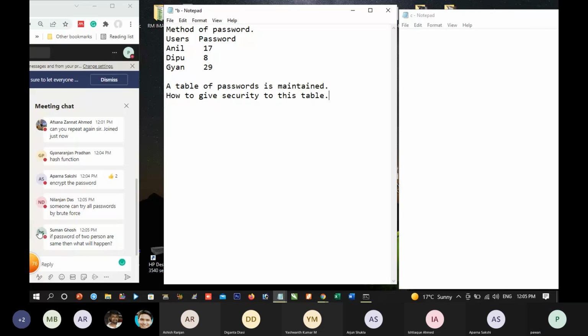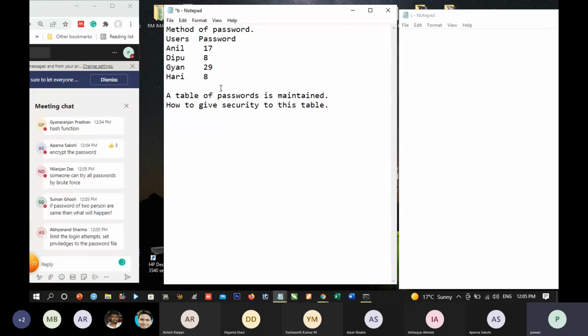You see, passwords of two people can be the same. Hurry, his password is suppose also 8. So what is the harm in it? No brute force method can be stopped by limiting the login attempts. But you see, our problem is this, that this table of passwords will be stored and a person can have access to this table also.